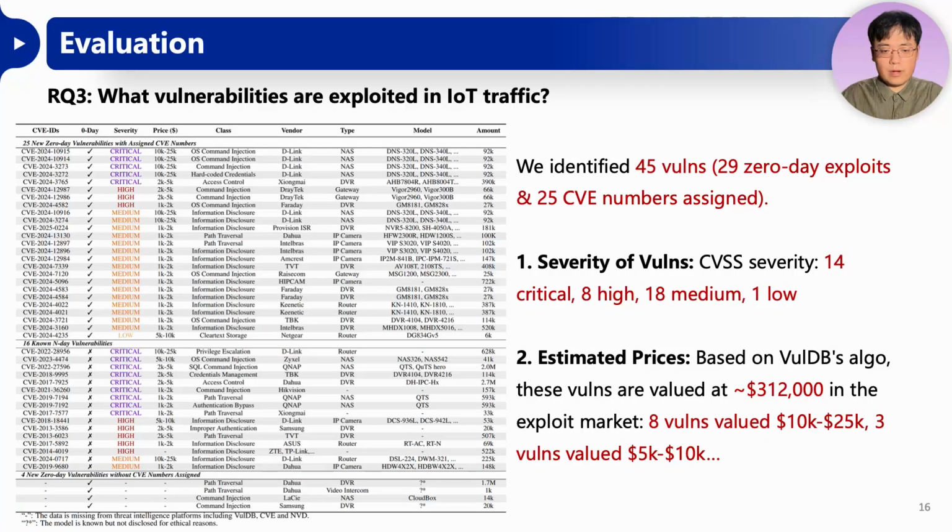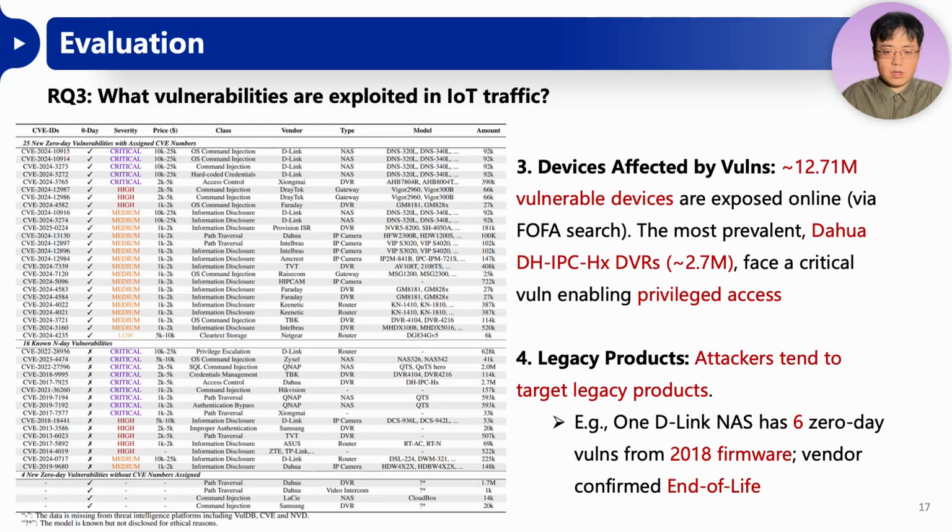Next is what vulnerabilities are exploited in the IoT traffic. TORCHLIGHT identified 45 vulnerabilities, and 29 of them were zero-day exploitation with 25 CVEs assigned. And as you can see in the table, 14 of these vulnerabilities are rated as critical severity. Based on the VulDB algorithm, the estimated price of these vulnerabilities is over 300,000 US$ in the exploit market.